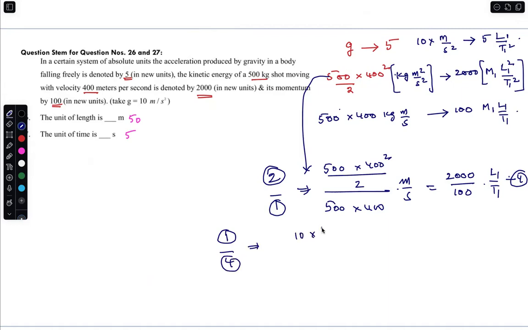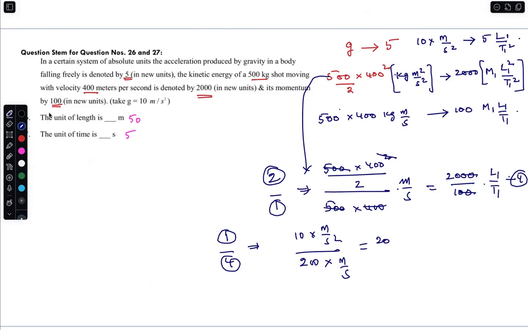10 times meter per second square, you complete this calculation. This will be 200. 200 times meter per second is equal to 20 times equation 1 by equation 4 actually.